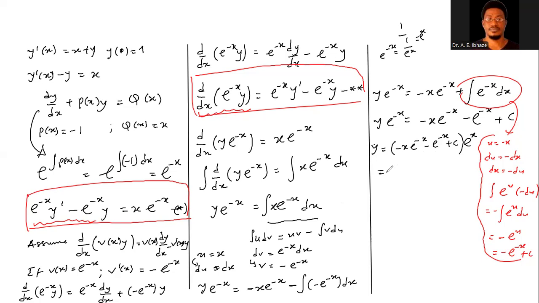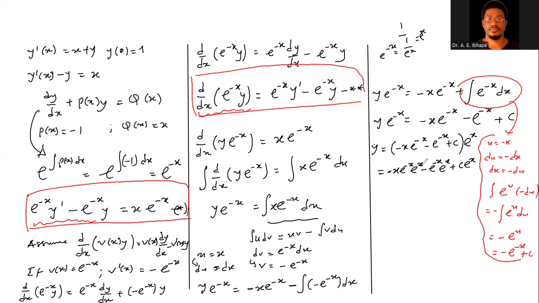So this now will be the same as minus x e^(minus x) e^x, minus e^(minus x) e^x, plus c e^x.